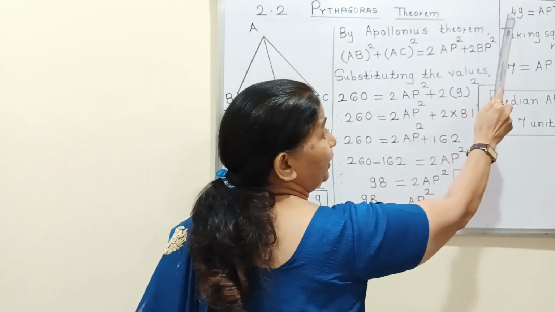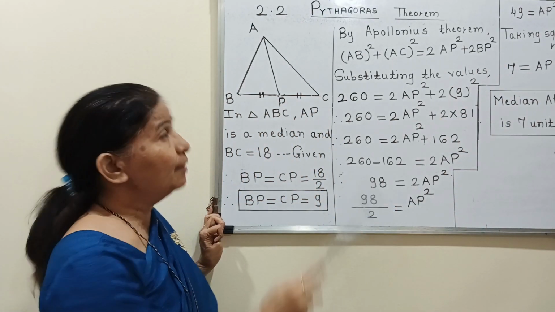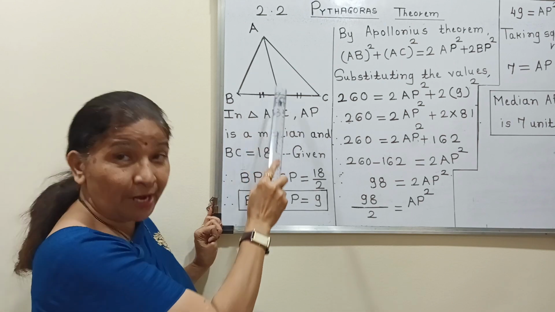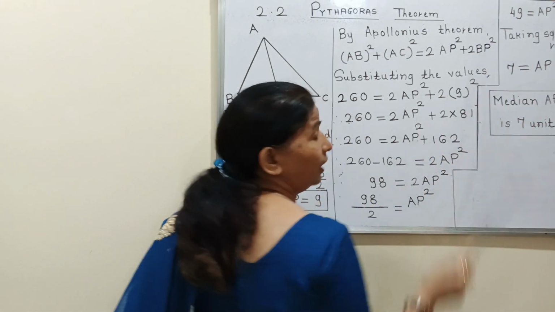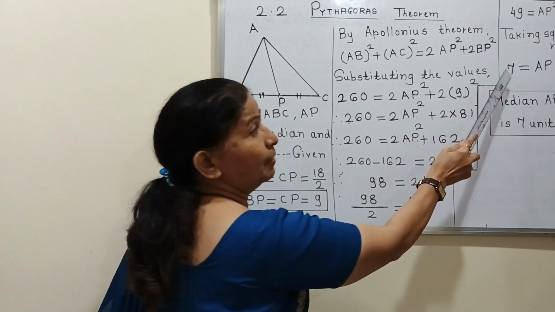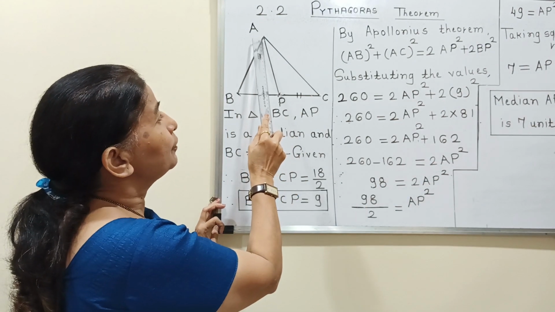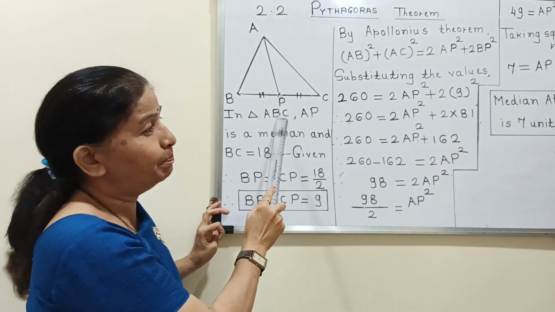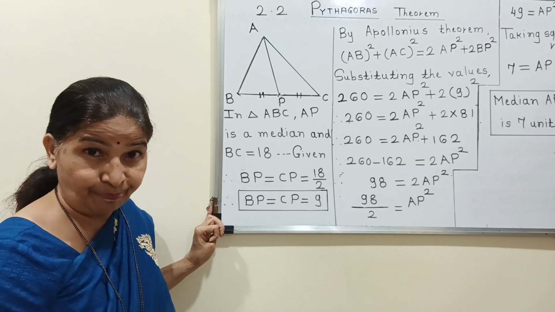So 49 is equal to AP square. As I want to find out this median AP, I will take square root of it. So it will come as 7. So I got this median AP as 7 units.